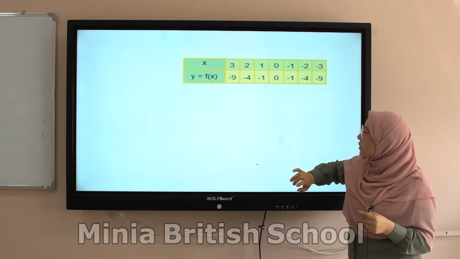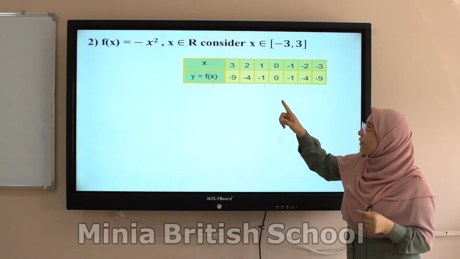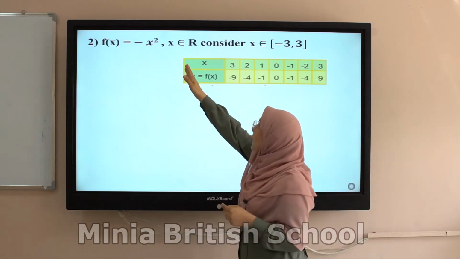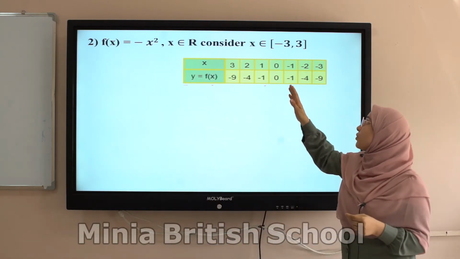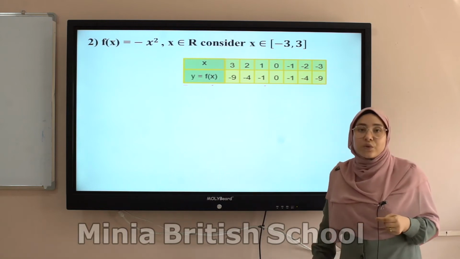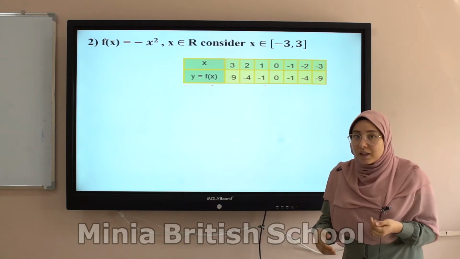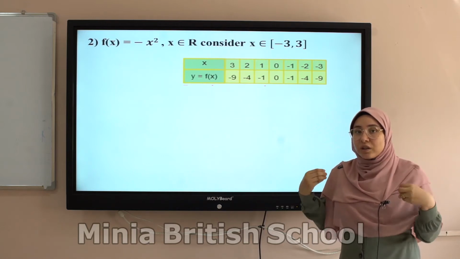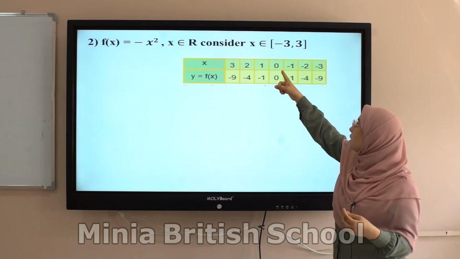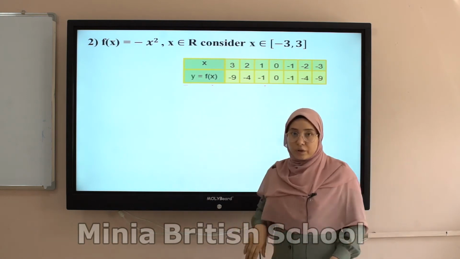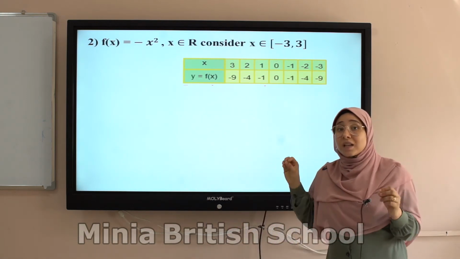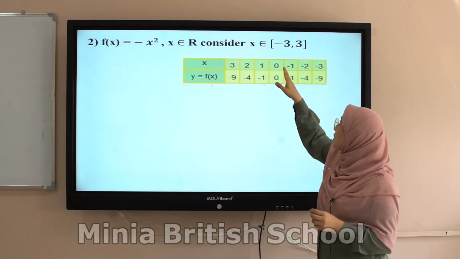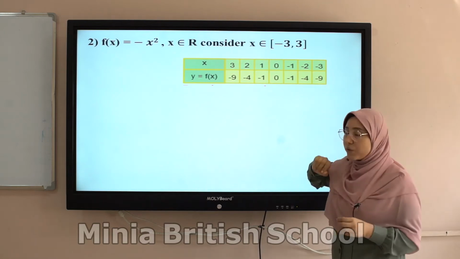So the minimum value of the function equals 0, the value of the y coordinate. Number 2, in this exercise, if f(x) equals negative x power 2, and x belongs to R, consider x belongs to the interval from negative 3 to 3. The same idea here: I will substitute the integer numbers which belong to this interval in this function. So the integers are 3, 2, 1, 0, negative 1, negative 2, negative 3.